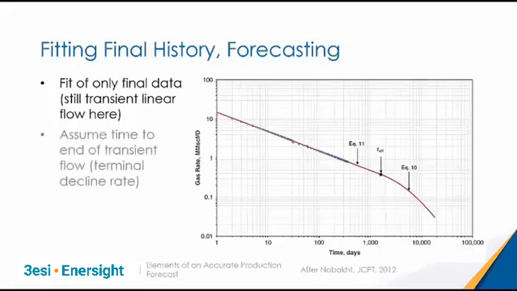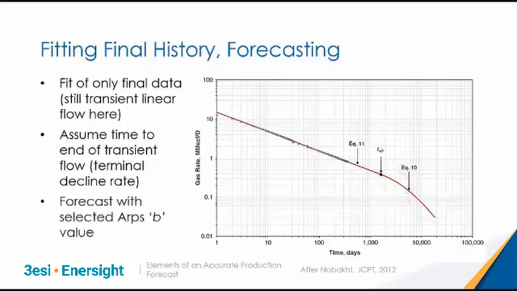So we're going to have to make an assumption about when we will begin to see the effects of the boundaries and then forecast from that point forward. So some linear flow remains, some flow influenced by boundaries, and then full influence of boundaries later. And for the forecasting, we'll need to select the appropriate ARPS B value for that final forecast.